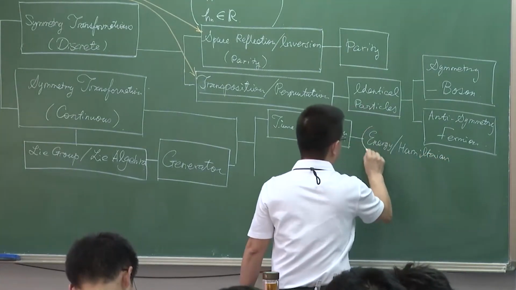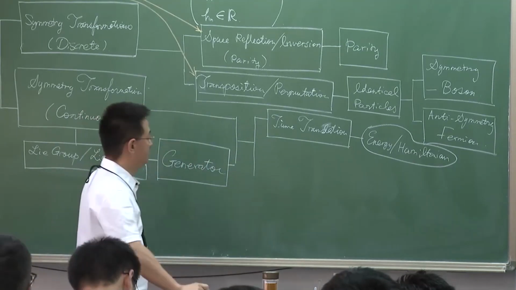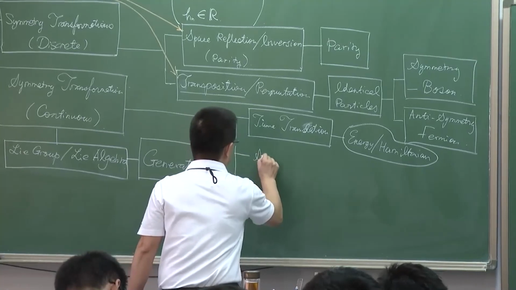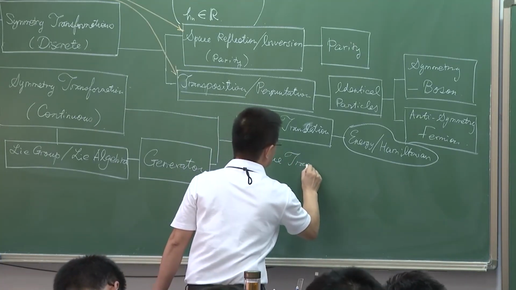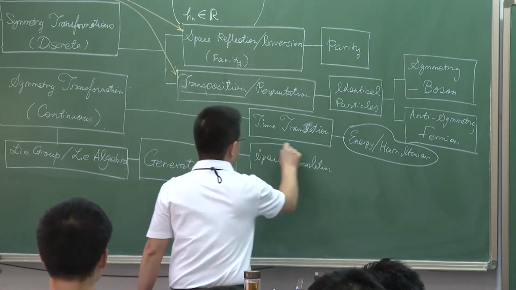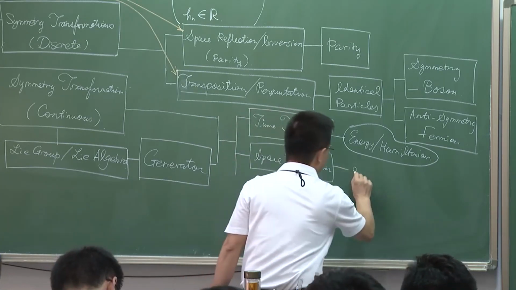And also we have the space translation. For the space translation, we have the conserved quantity called the momentum.